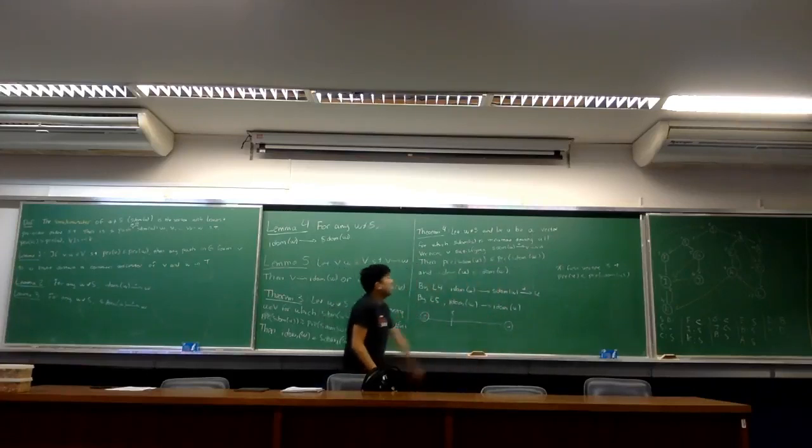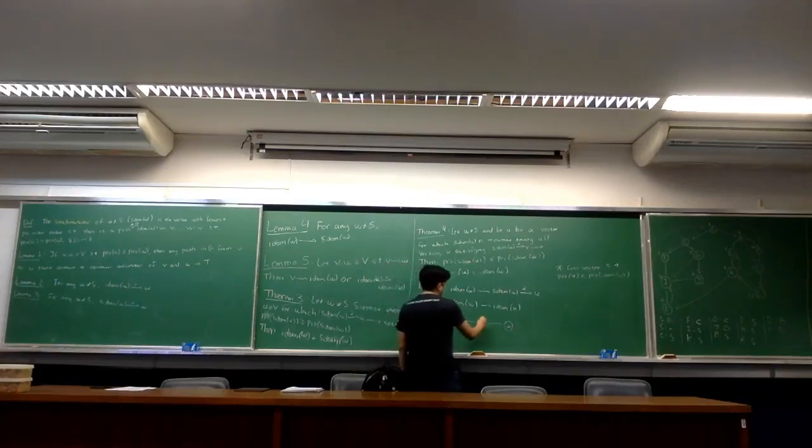Once again, if such X does not exist, this would mean that everyone here has preorder greater than or equal to the preorder of U. But this guy is 0, so this has to be equal to the item of U. But as it dominates W, then we would be done.